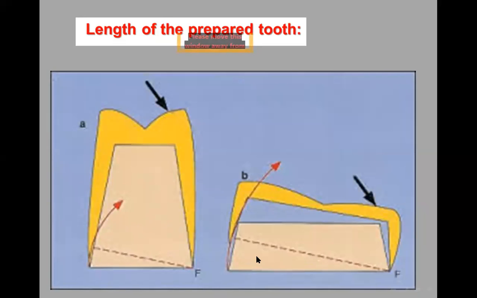In the short crown, the movement curve will go away from the tooth structure and pass it. That means the crown can be removed easily due to its shortness, and the resistance to removal will be less.